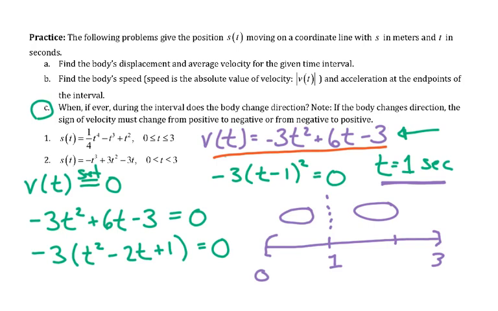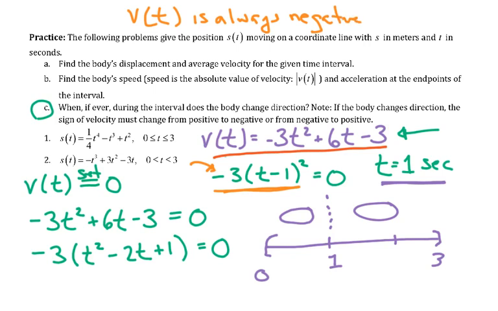Now, some of you may have already realized that no matter what we put in for t, we're going to square it. It's going to be positive, and then we multiply by a negative. So the velocity is always negative except for 0.